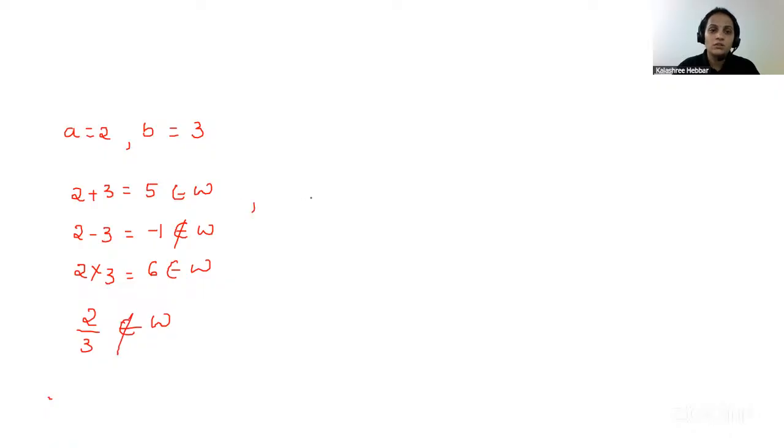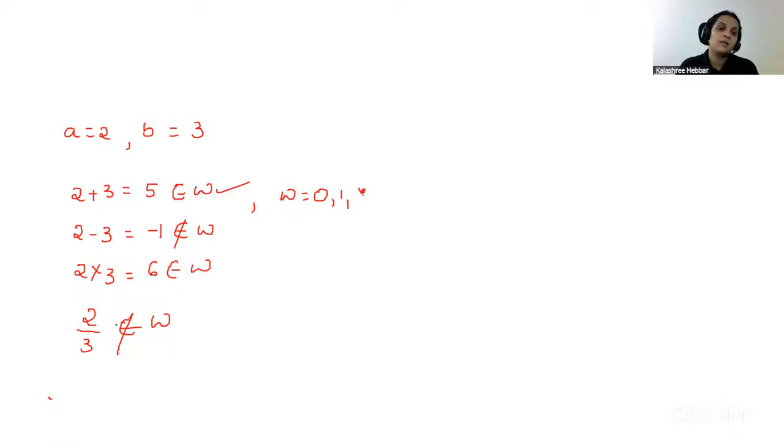As we know, whole numbers start from 0, 1, 2. So here we can say addition of two whole numbers belongs to W. Subtraction of two numbers does not belong to W, and multiplication of two numbers belongs to whole numbers.